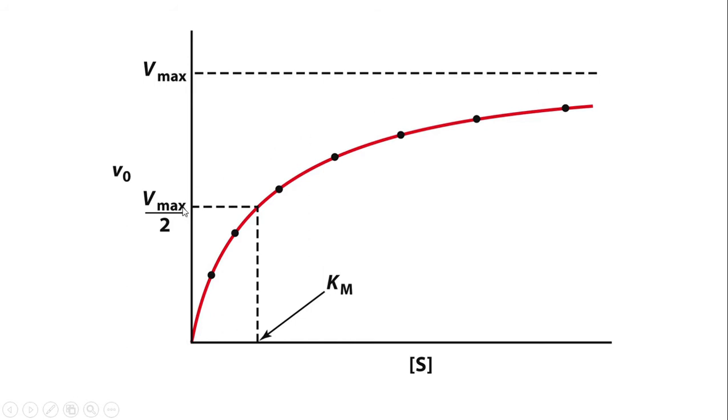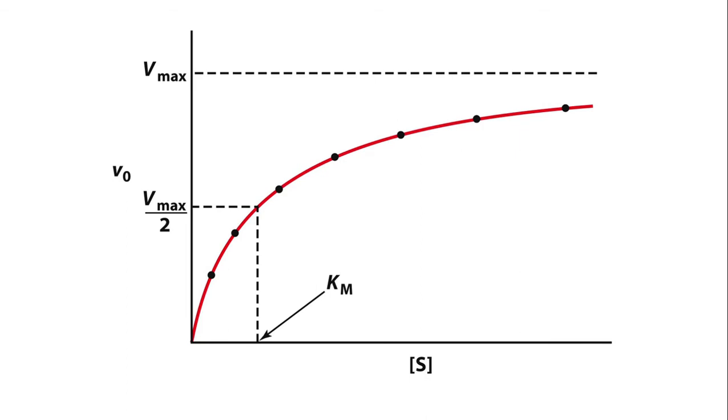We can also determine a Km. This is an equilibrium constant, and this Km value is the substrate concentration when the velocity is at 1/2 of Vmax, or 50% of Vmax. Okay, so that's a substrate term.